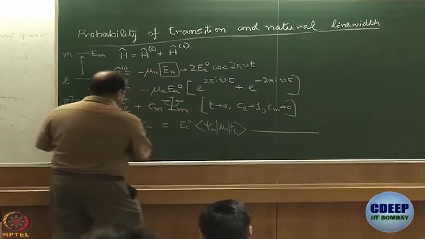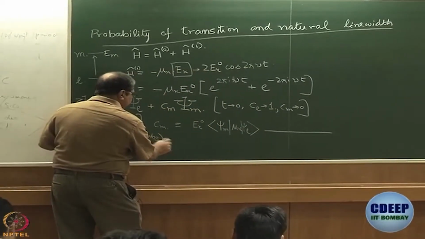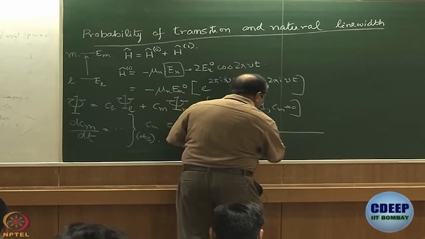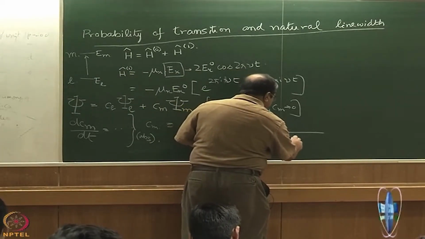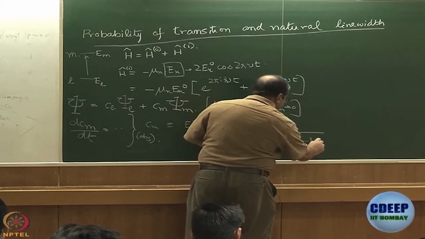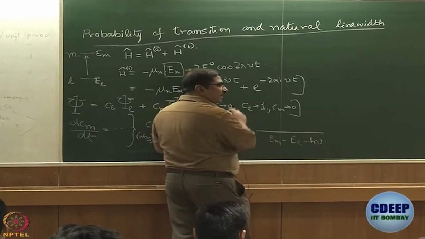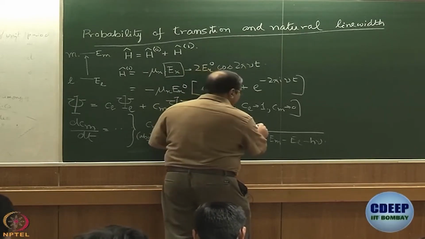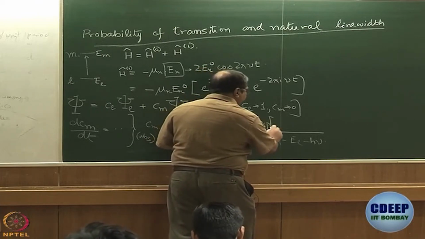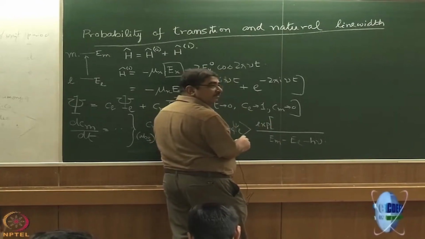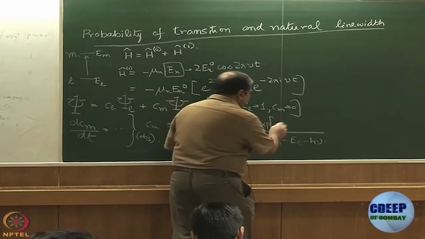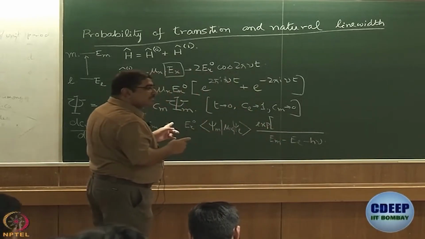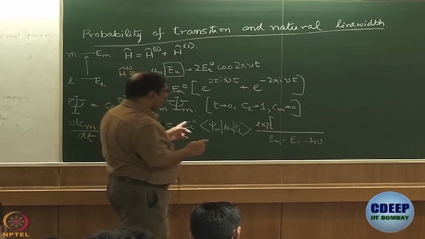For the absorption process, we have got this term, the denominator being Em minus El minus h nu. What is the numerator? It is 1, right.